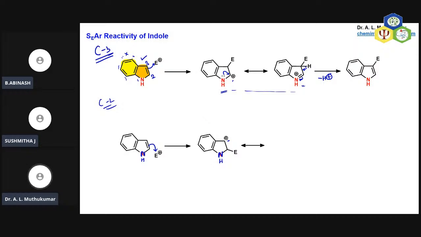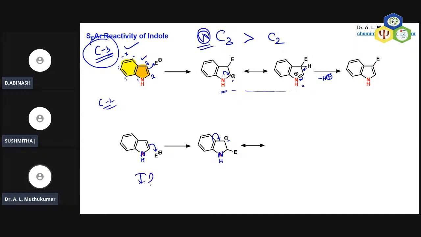As a result, the benzene aromaticity has to be disturbed. Because of the formation of this cation, the aromaticity of benzene is disturbed, and in the previous case the benzene aromaticity is not disturbed. Without that, we are able to write the corresponding resonating structure. So as a result, the C3 position of indole will be more reactive than the C2 position of indole. That is the conclusion here.